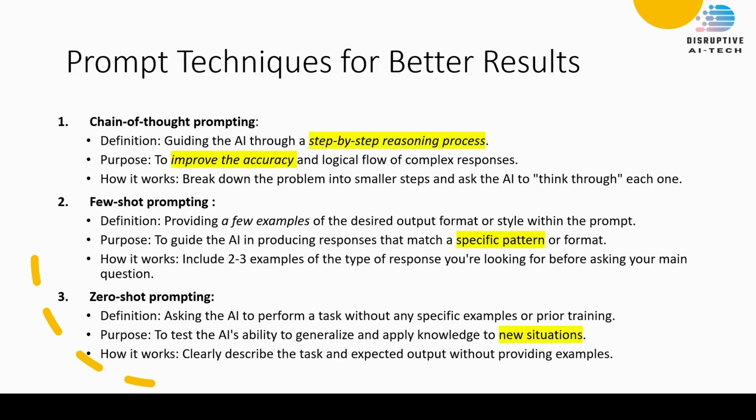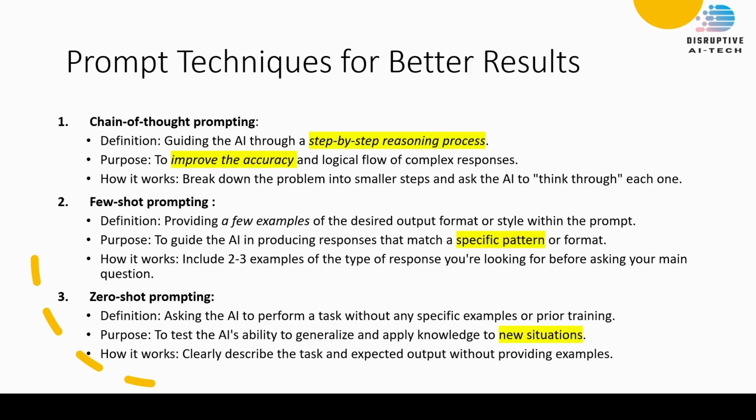By giving the examples, the AI will follow the pattern from the examples that we give in the prompt. That's how we prompt the AI to produce the output in such a way that the pattern or the style we give in the example stays the same in the output, and we will see that in the examples.